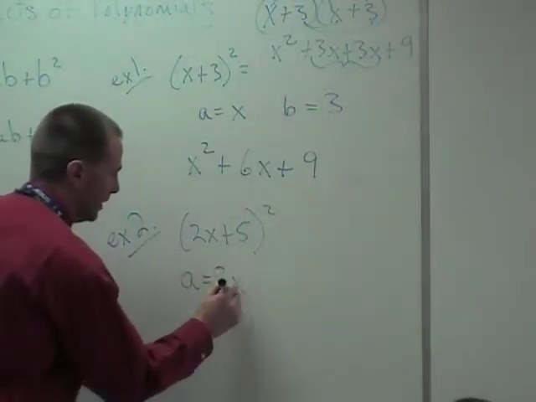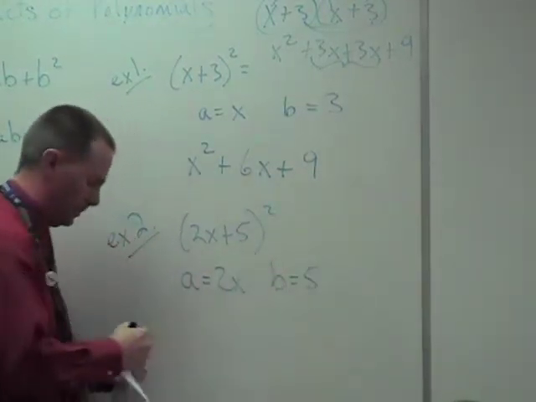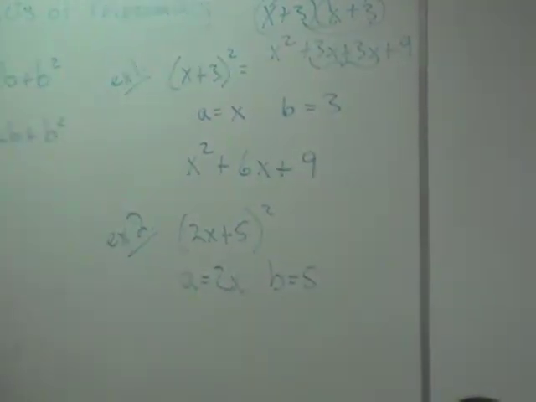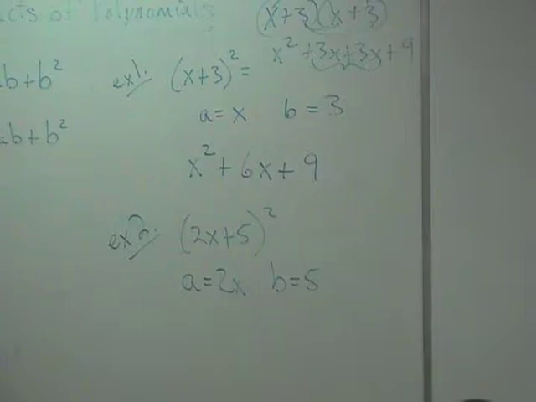That's right, it's the whole thing, it's 2x. And B is 5. Again, you could do distribution, but you're going to hurt yourself if you don't force yourself to do these formulas. Look at it this way, you just have more than one way to do these problems.